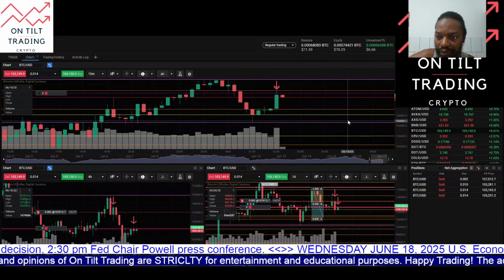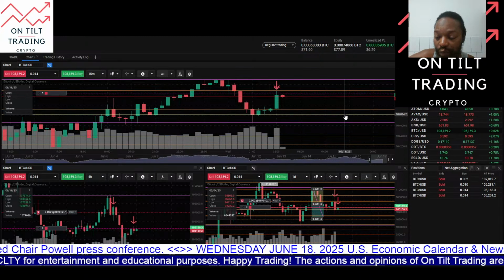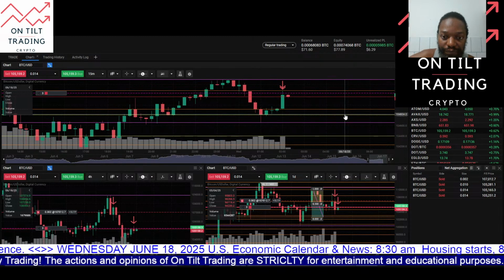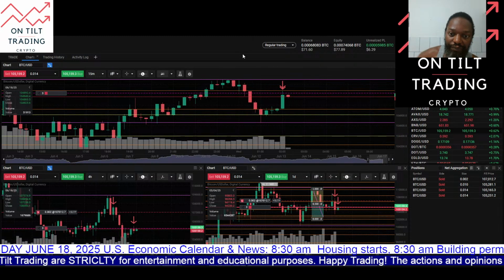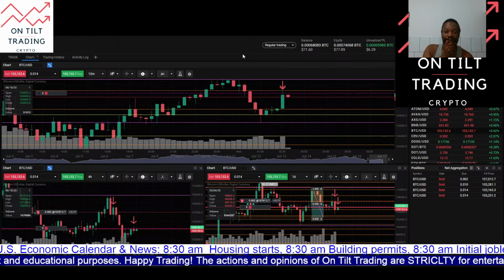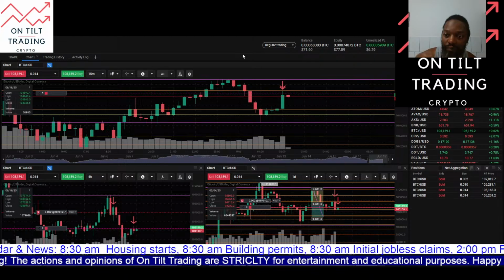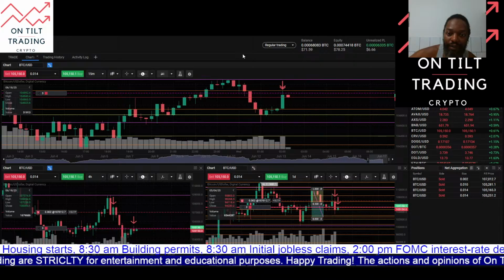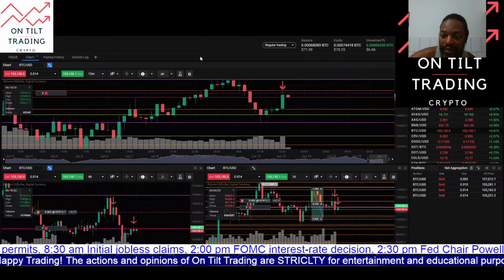Now consolidating here at the 105,150 level. Price still consolidating, potentially putting in a new candle low. Currently 105,132.8.